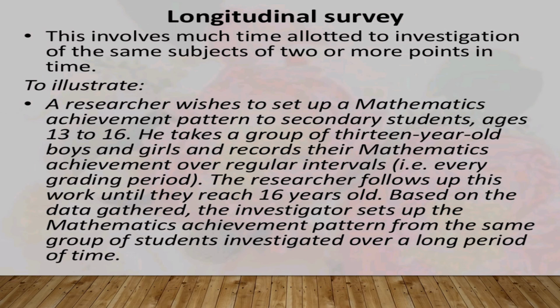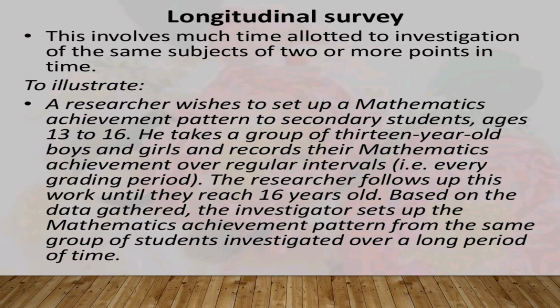Longitudinal survey. This involves much time allotted to investigations of the same subjects at two or more points in time. To illustrate, a researcher wishes to set up a mathematics achievement pattern of secondary students, ages 13 to 16.